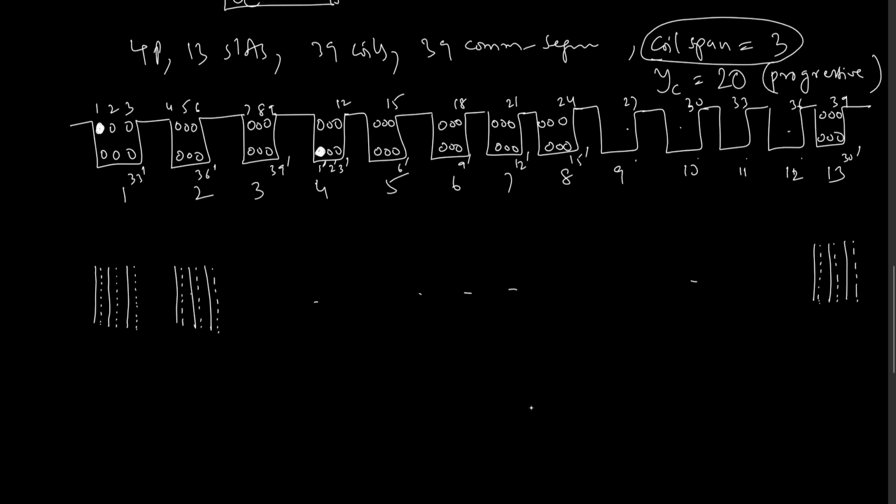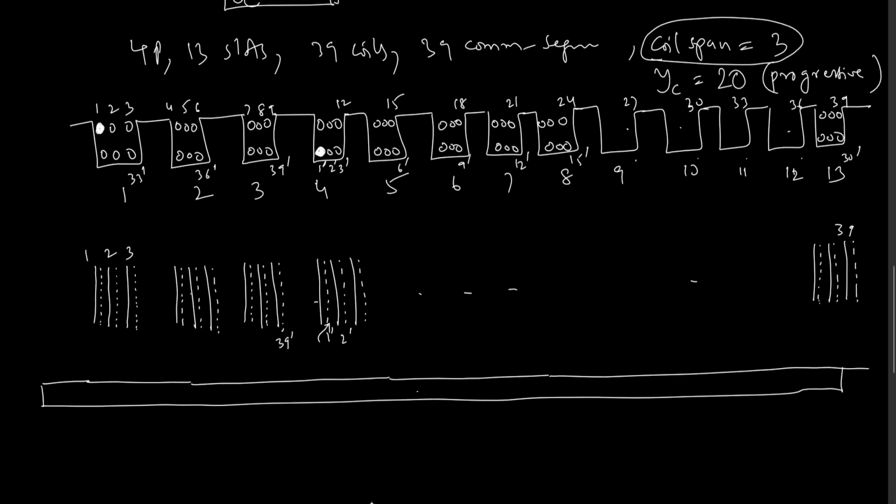So the solid line indicates the top layer coil sides, numbered 1, 2, 3 to 39, and dashed lines indicate the bottom layer. So this is 1 dash, this coil is 2 dash, and it goes on like this and again ends at 39 dash.